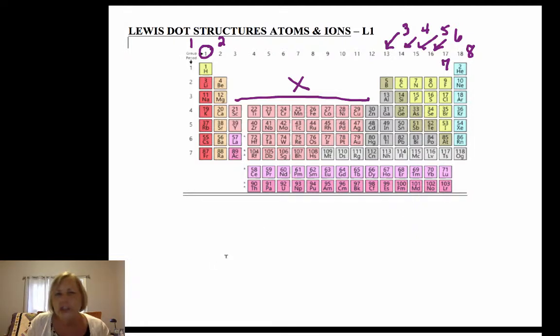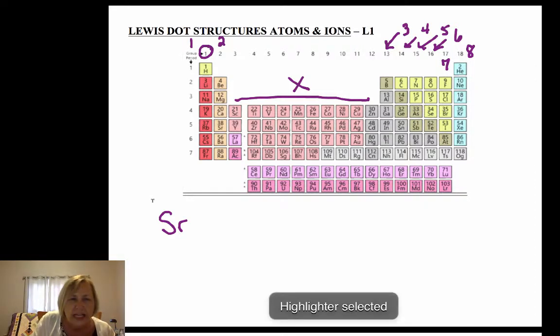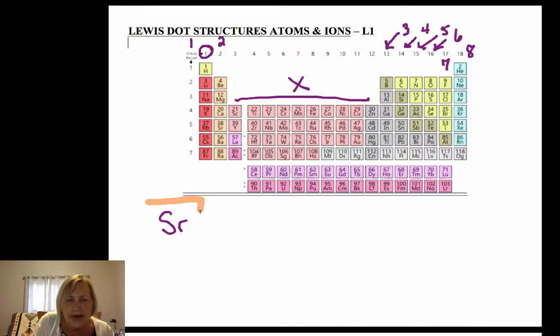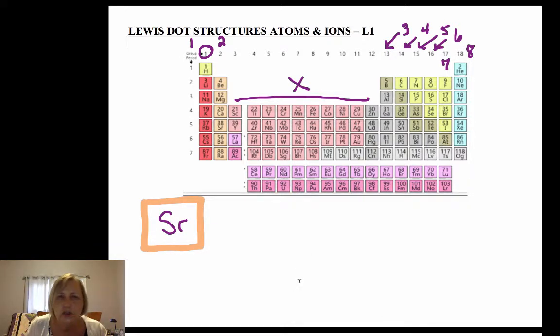So what we're going to do for the Lewis dot structure is only show those valence electrons. If I have strontium, I don't want you to draw this, but I want you to envision a square around the element symbol. We don't draw the square, you simply envision the square. Strontium has 2 valence electrons.